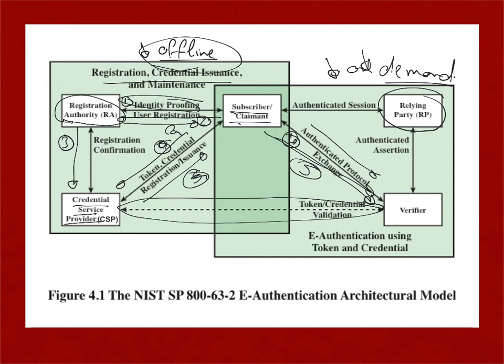What's the difference between these two squares? As I said, this square focuses on the registration step, which is usually done offline once and for all. This step talks about the verification step, which is done on demand whenever you try to access the system.